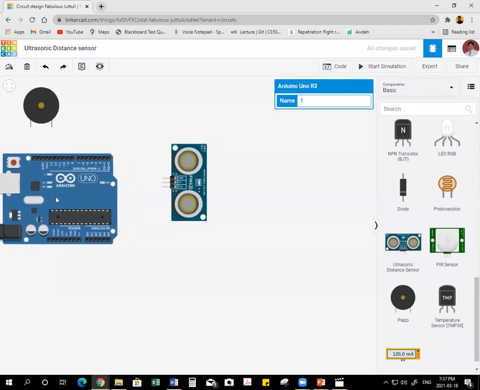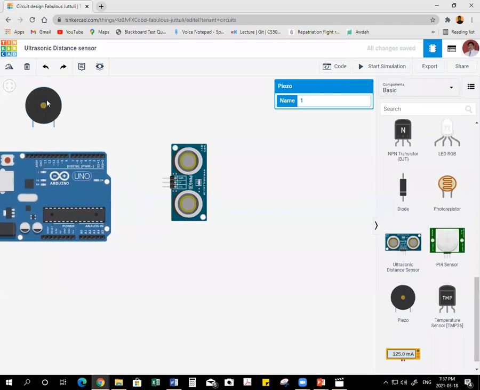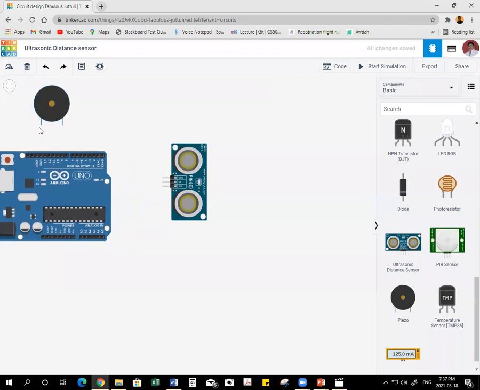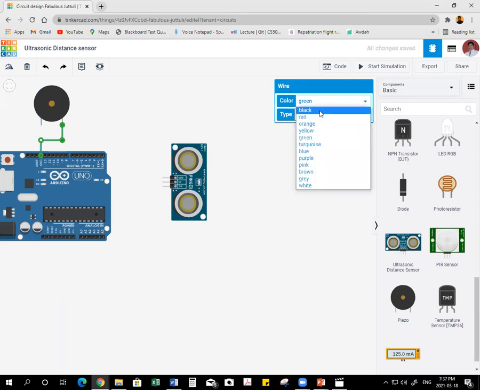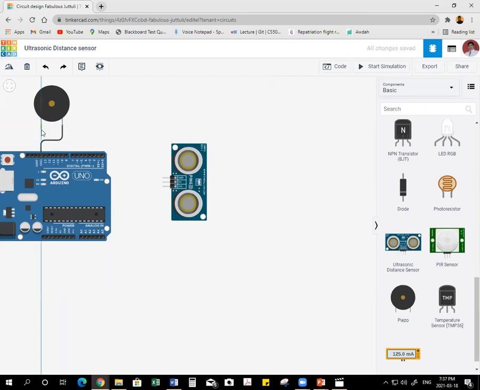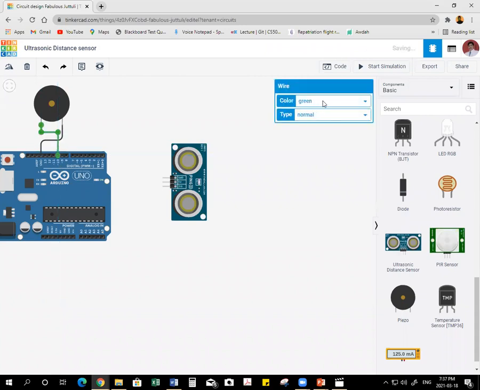You already know this is positive, and this is negative. Give the negative to ground, and this should be black. Now this positive should be given to pin number 11, analog, because we are following the tones.